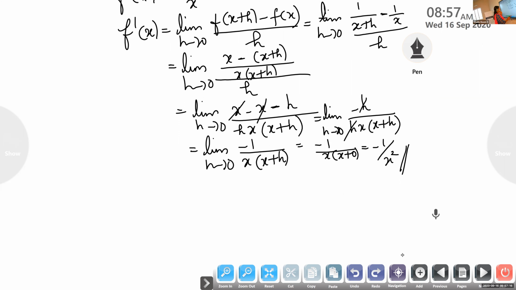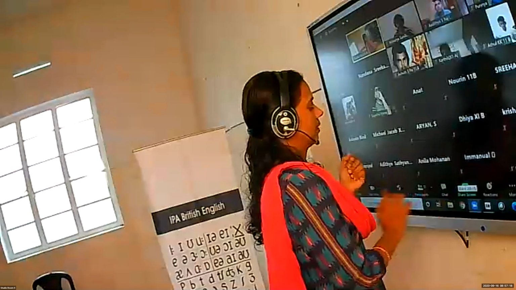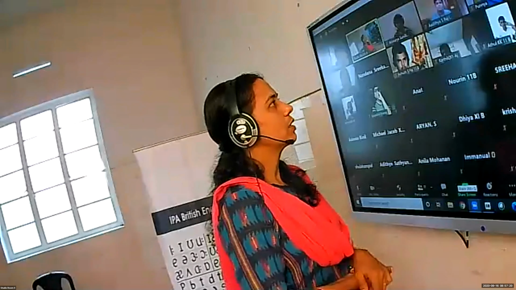Now let's again recall all the formulas. What is the derivative of x? Anuj, derivative of x. 1. Very good. Derivative of x is 1. Nandana, derivative of x square. 2x.